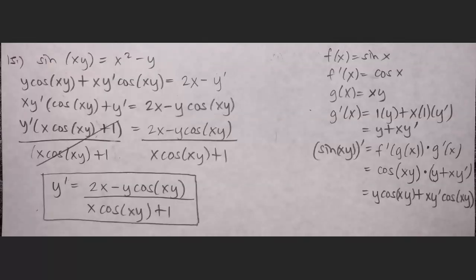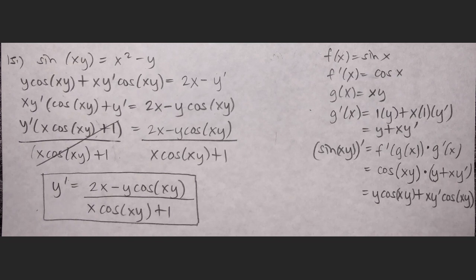So for this question, we need to find dy/dx or y prime. The first thing we have to do is find the derivative of both sides. To find the derivative of sine of xy, we need to use the chain rule. First, I determined f of x, the outer function, equals sine x, and its derivative is cosine x.